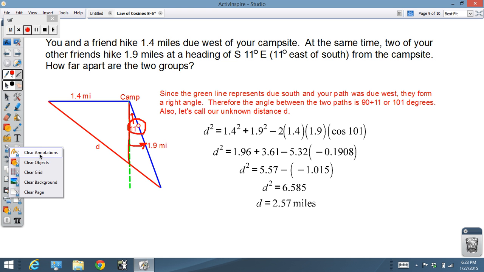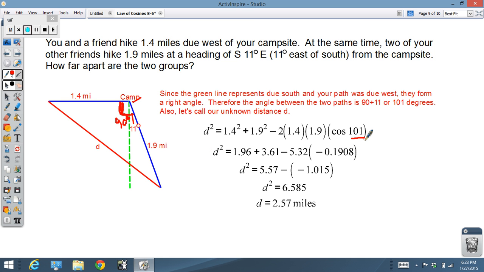Okay, so that's the way our triangle looks. Now, since east and south are perpendicular, I know that this is 90 degrees and our total angle here at this side is 101, right? 90 plus 11.